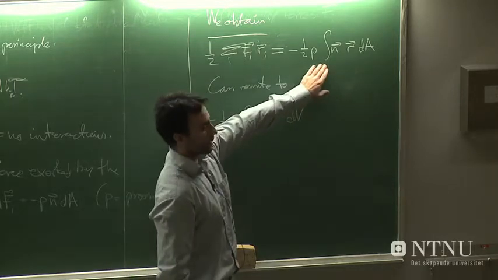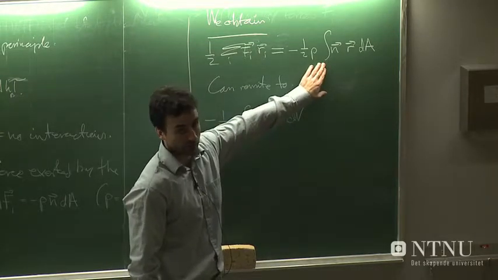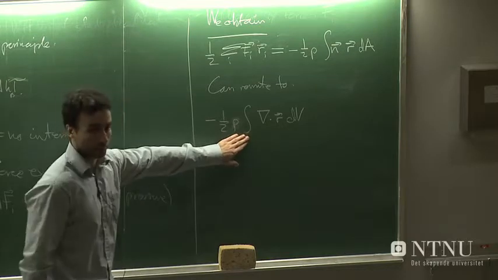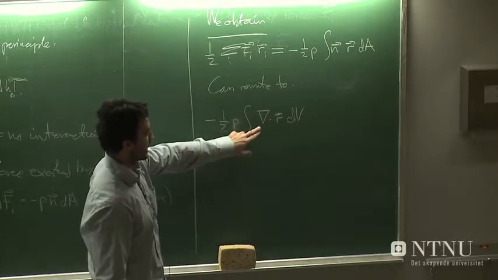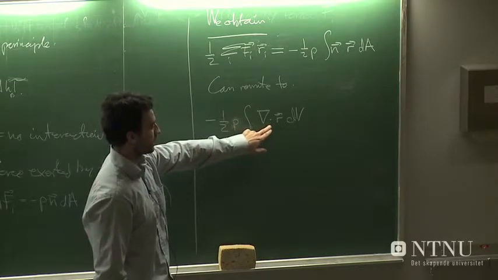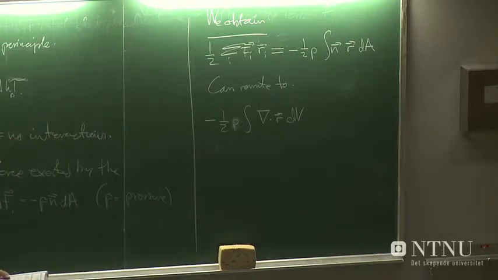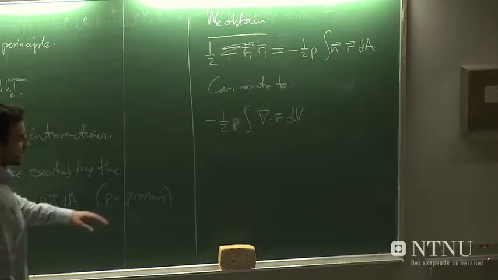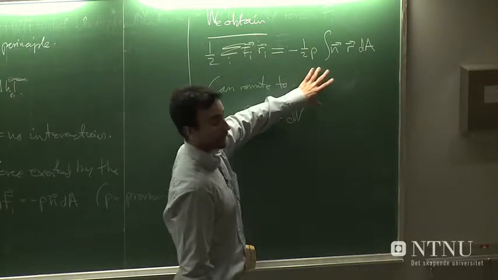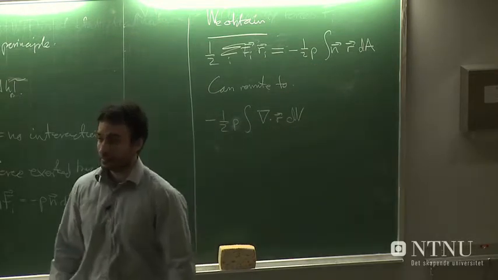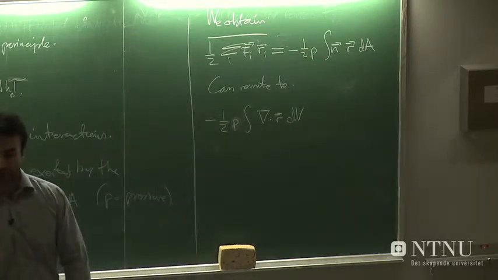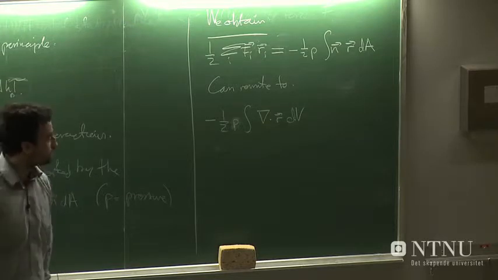It can be rewritten from a surface integral to an integral over volume if we take the gradient of the integrand. So this is basically a standard theorem in mathematics. I think it's called Stokes' theorem. I'm not 100% sure.